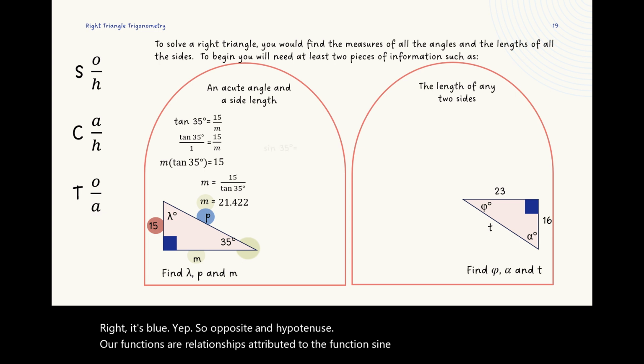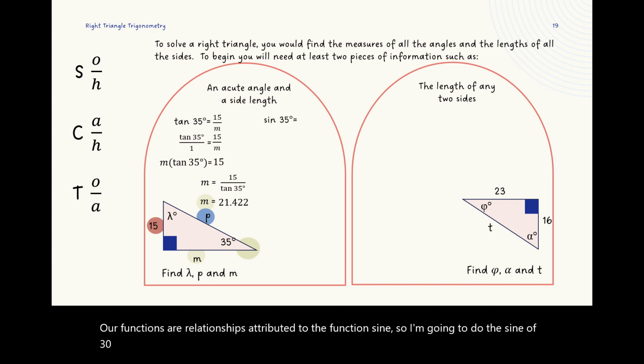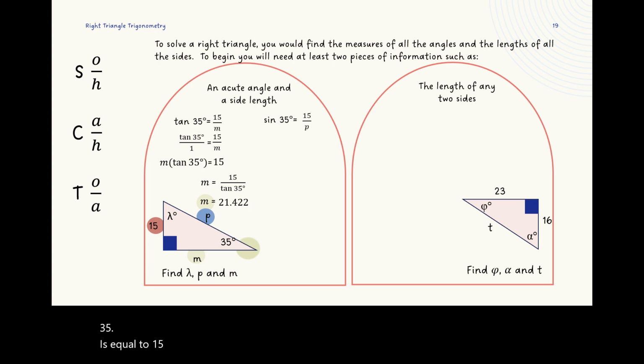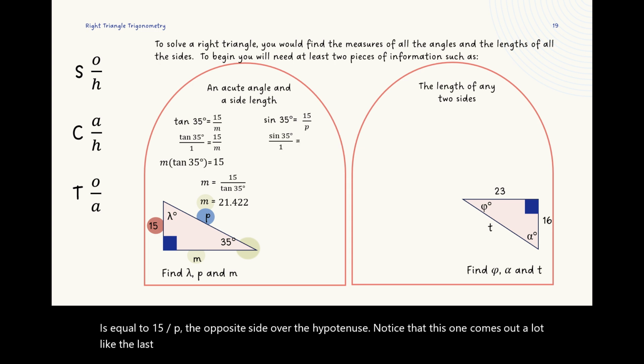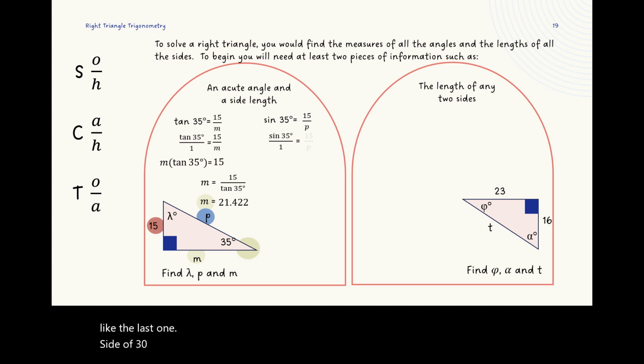So I'm going to do the sine of 35 is equal to 15 over P, the opposite side over the hypotenuse. Notice that this one comes out a lot like the last one.